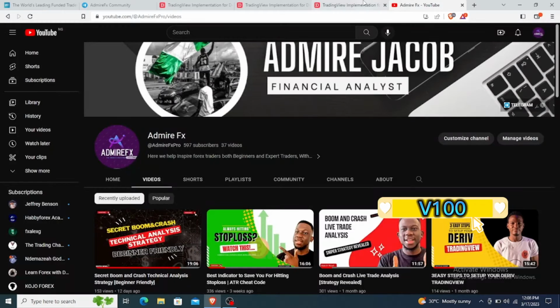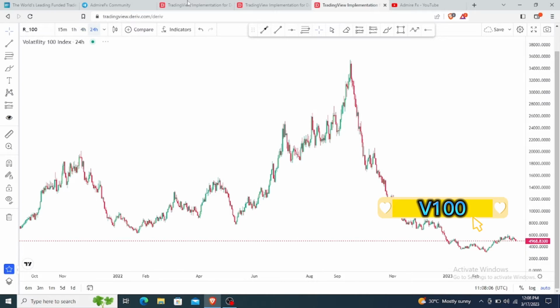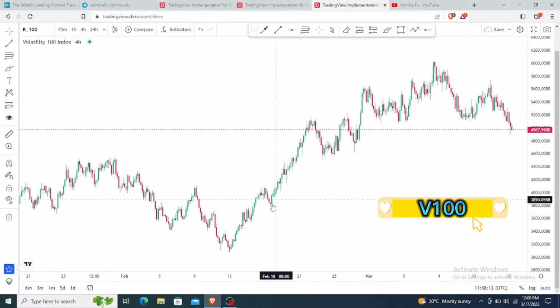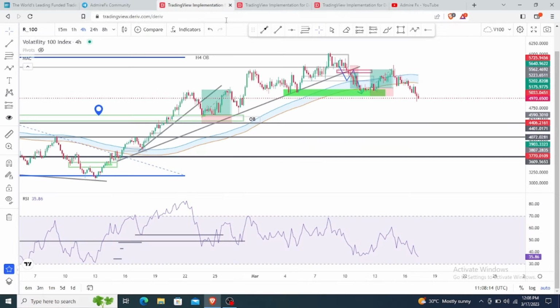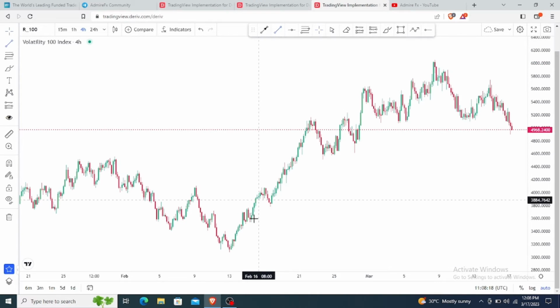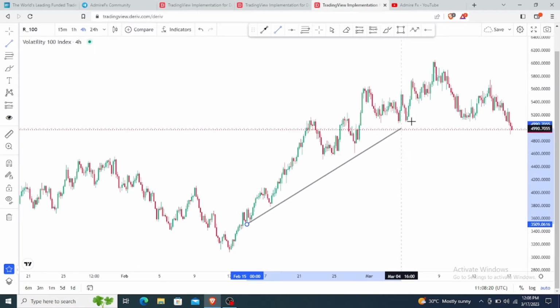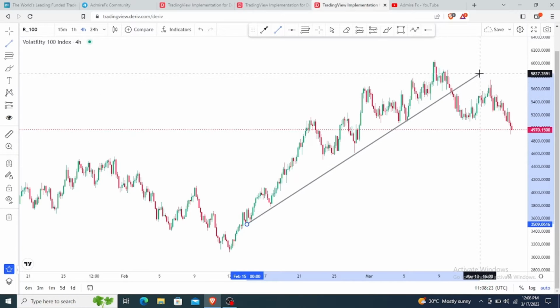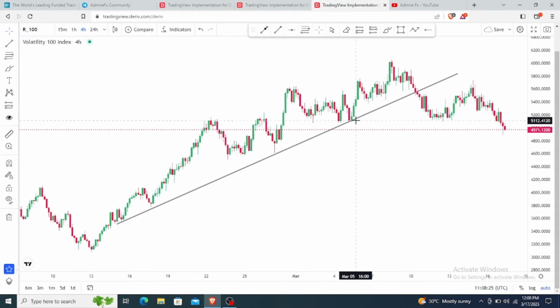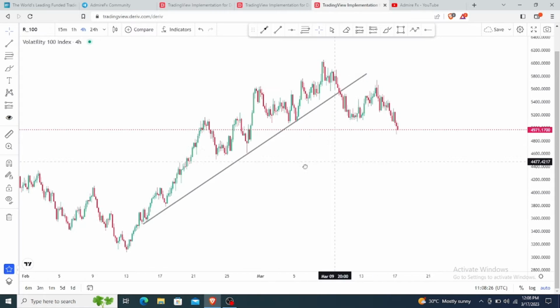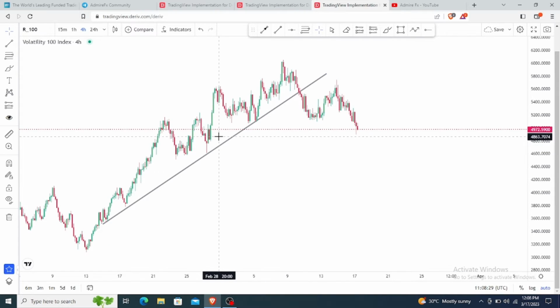Let's go to the 4-hour time frame and show you practically how we're able to do it. All I needed to do, as you can see, was use this trend line. All I just needed was price to break out of this trend line before we could start looking out for sell opportunities.